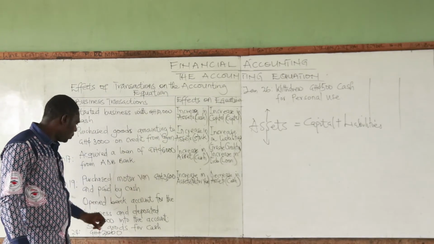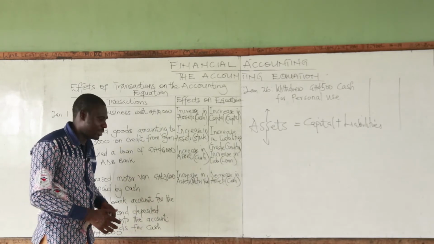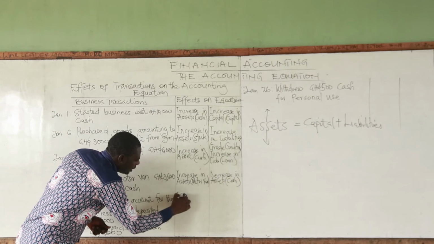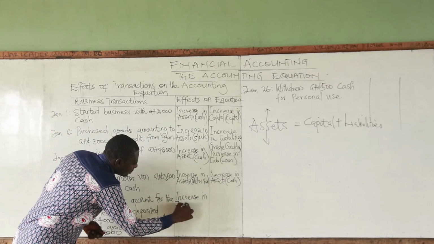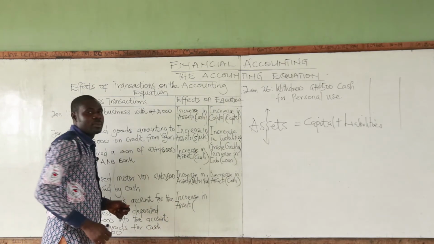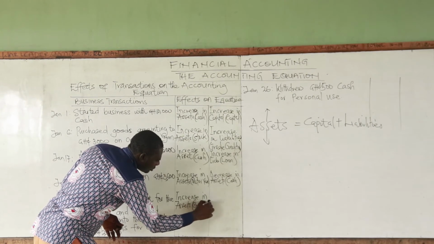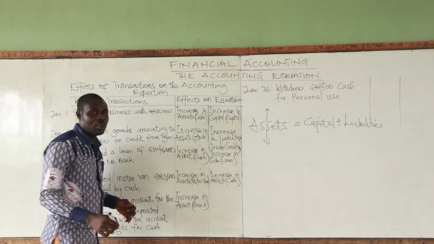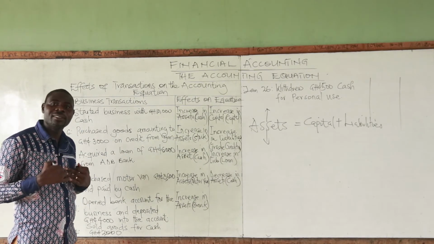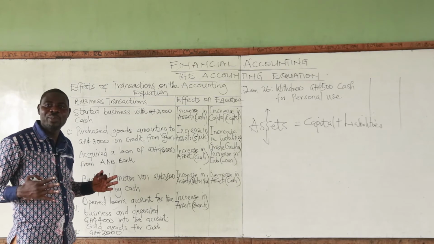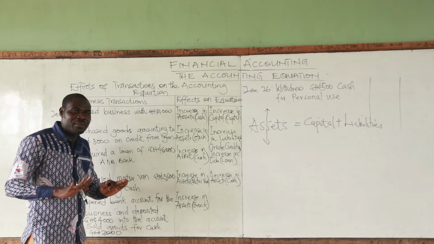Now, when you come to this one, there is an asset, which is cash in the business. So we are going to have an increase in asset in the form of what? Bank. We are going to have money in our bank account. It is our money. The money is not going to anybody. We are not using the money to pay any debt. It is our money we have sent to the bank.